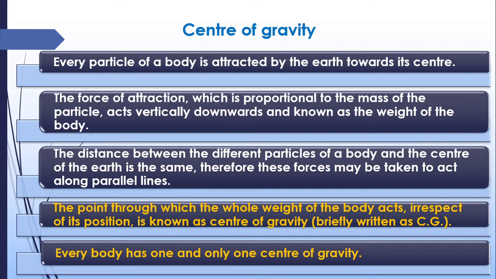That particular point is known as center of gravity. The point through which the whole weight of the body acts irrespective of its position is known as center of gravity. It can be briefly written as CG. And every body has one and only one center of gravity, only a single point through which the entire weight acts. That is known as center of gravity.